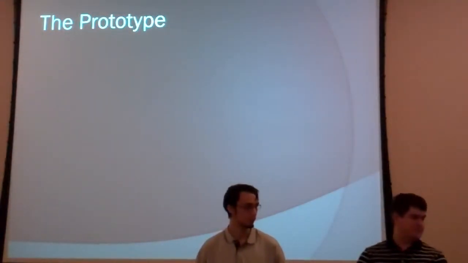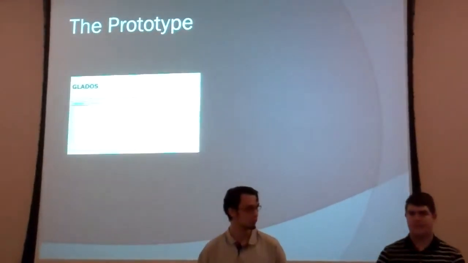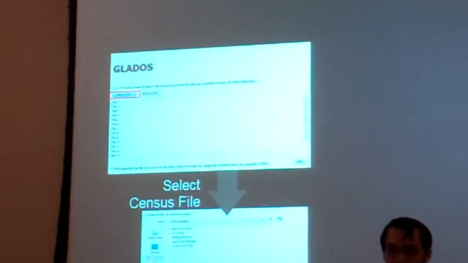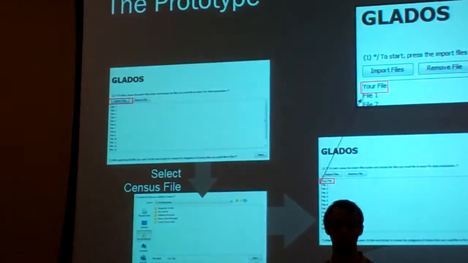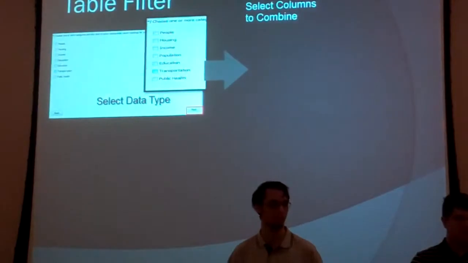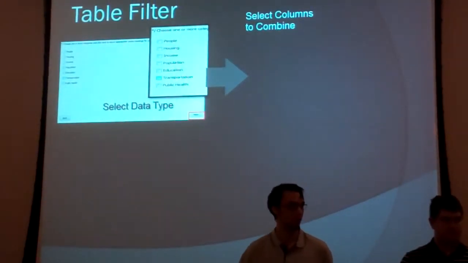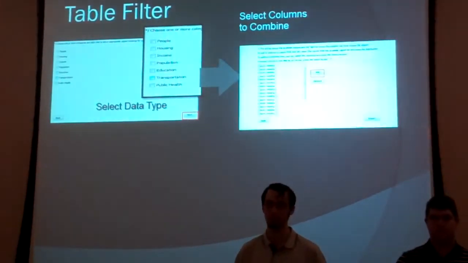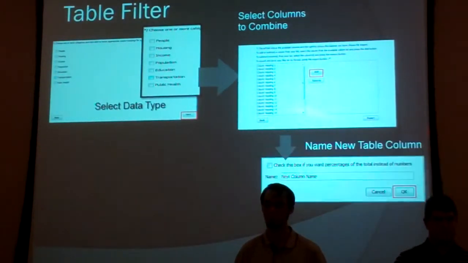And I'm going to talk about a rough prototype that we presented to our client. First, you import a file and select the file. Then your file appears and you move on to the next step. You can filter out the data that you want, so you can get more accuracy, and select columns to rename and combine.